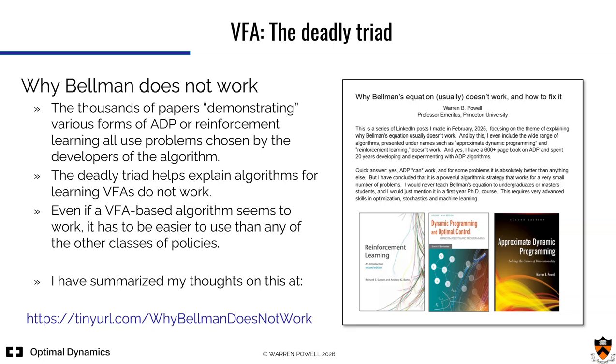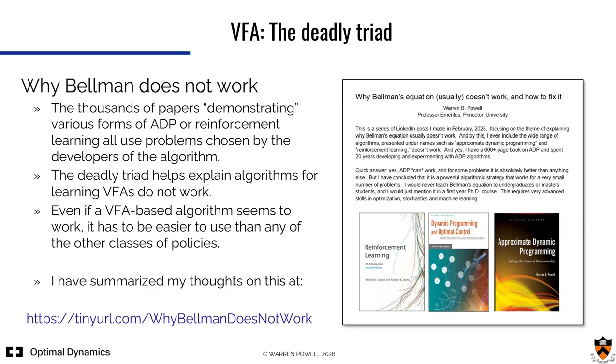I have a document, tinyurl.com, why Bellman does not work. It's a series of LinkedIn posts that pretty much walk through the steps of, you know what, Bellman's really hard. I've had my greatest success with Bellman, and I have had great successes with problems with a tremendous amount of structure. And so I've solved complex resource allocation problems, exploiting convexity and concavity.